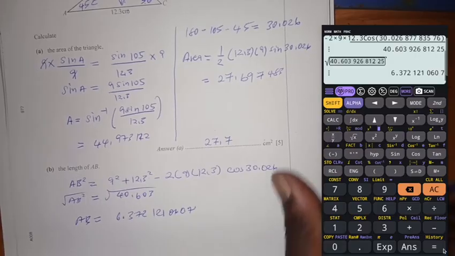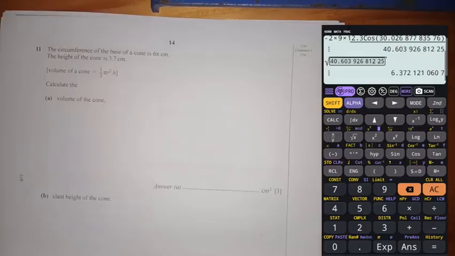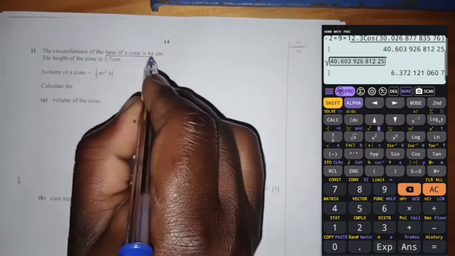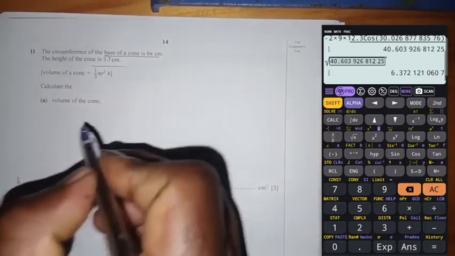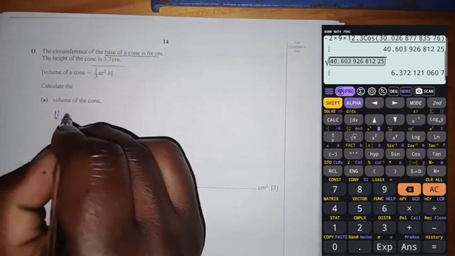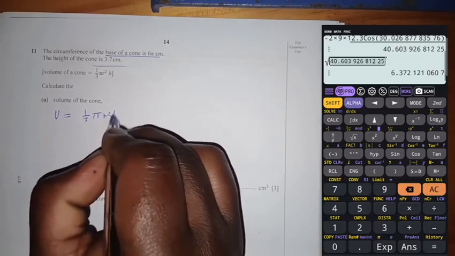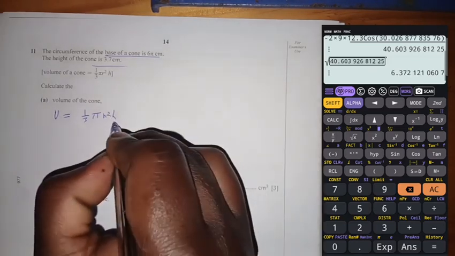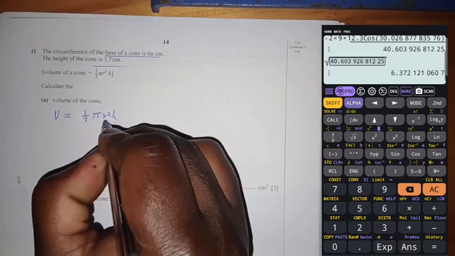So the answer here is 6.37. Next question is question number 11. The circumference of the base of a cone is that. The height of the cone is this. Find the volume. So the volume of the cone is 1/3 pi r squared h. Ouch. I have h, which is the height, but I don't have the radius, so I need to first find the radius.